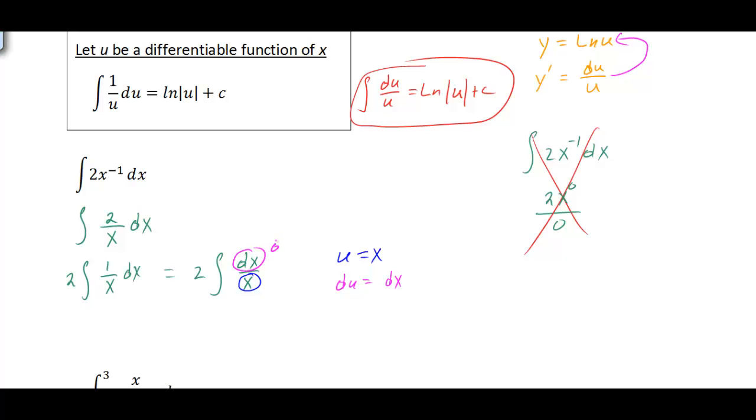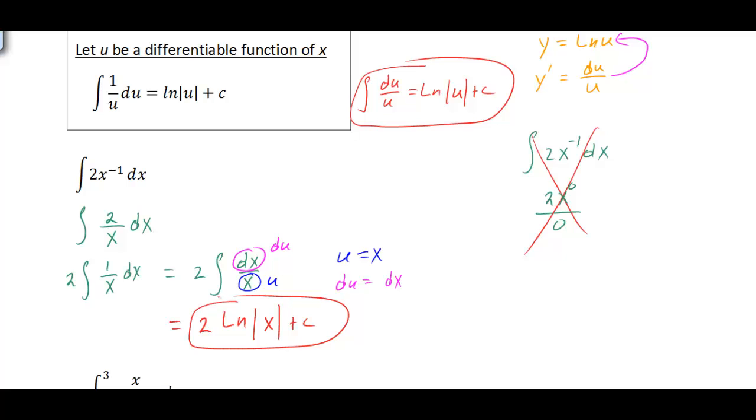So we have du over u. And of course, we have our 2 out front. Du over u fits our integral, so that means this would be the natural log of the absolute value of u. So in this case, it would be the natural log of the absolute value of x plus c.